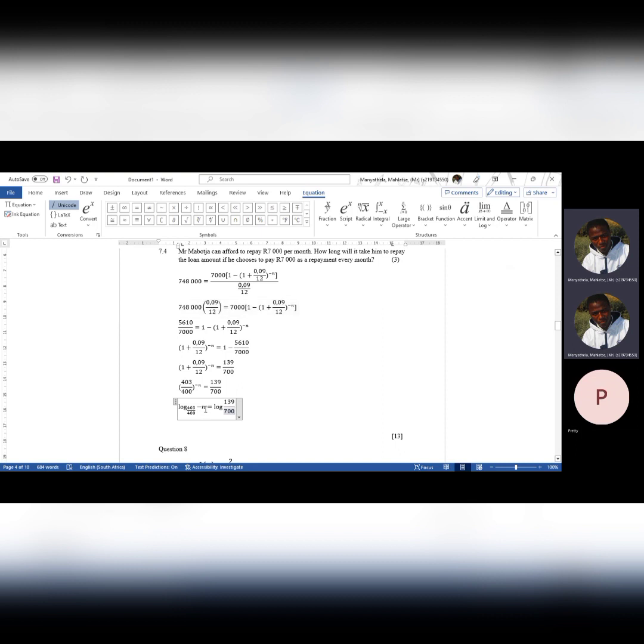This negative n, we can move it here to multiply log 403 over 400.